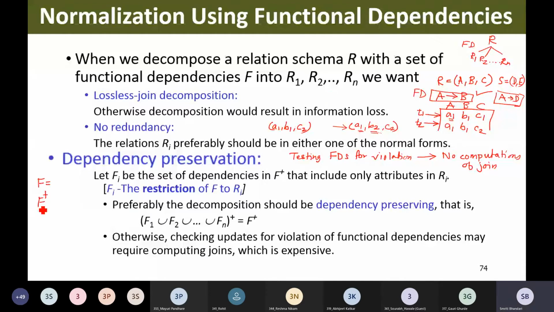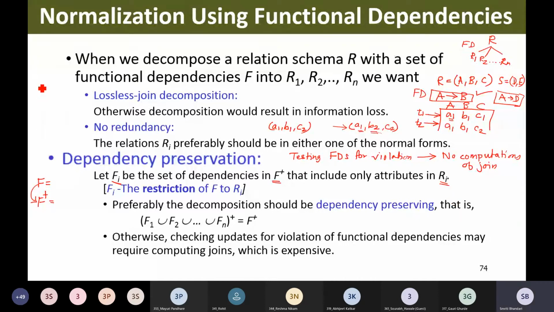So given the set of functional dependencies F, we can compute F plus. Now, let us assume that we are creating a new set of functional dependencies Fi, and this Fi is the set of dependencies in F plus that include only attributes in Ri.